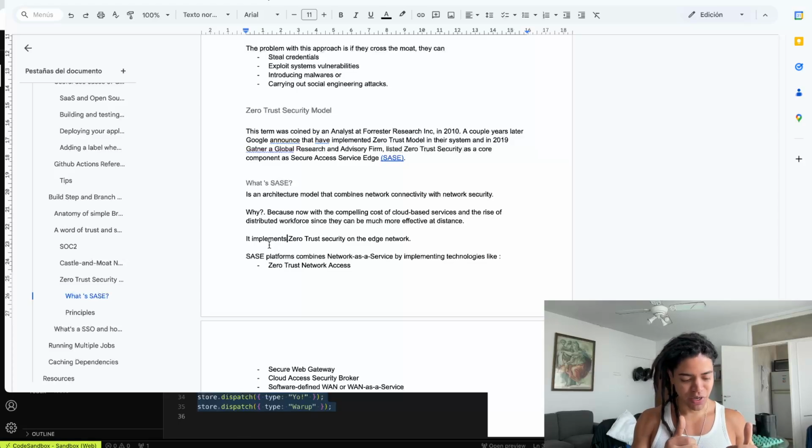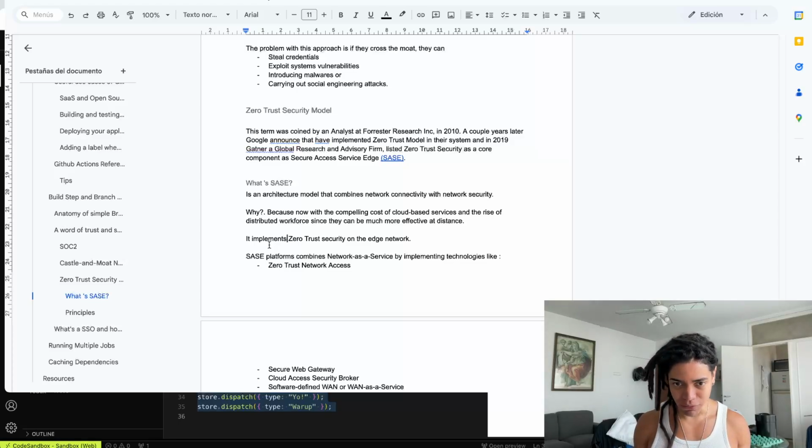SASE implements the zero trust policy model on edge networks, on devices or computers close to the end users, where they implement these security policies.